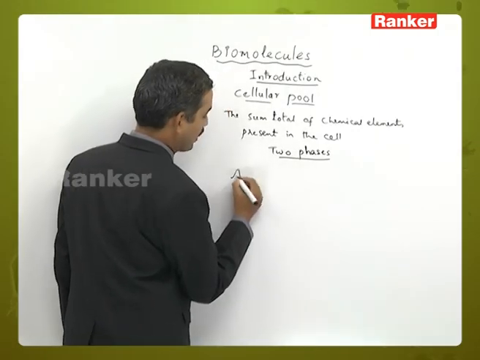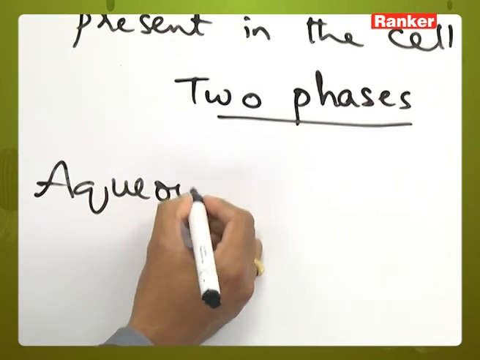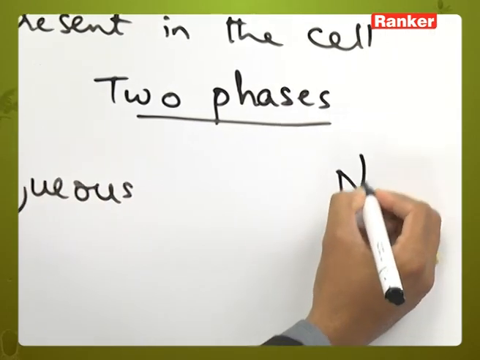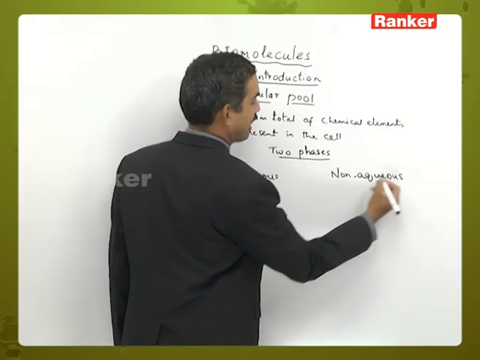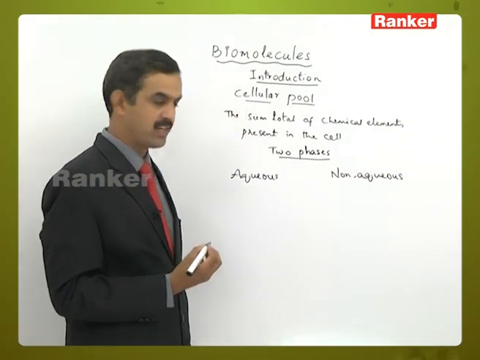One is called the aqueous state and the other is called the non-aqueous state, or the aqueous phase and the non-aqueous phase.